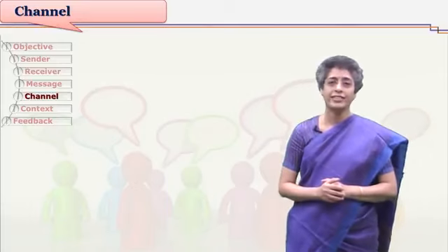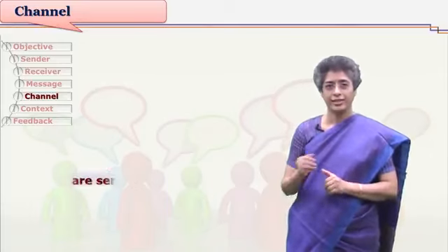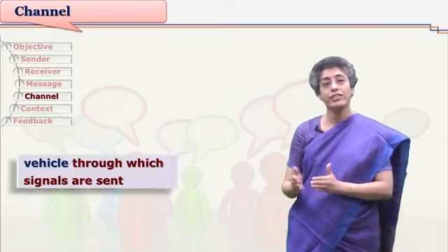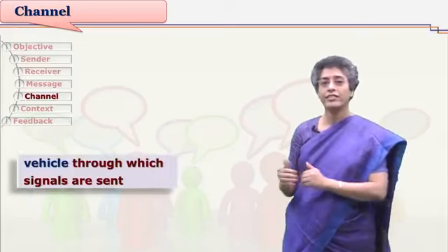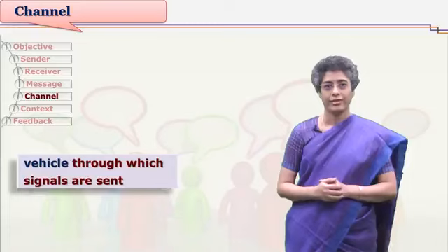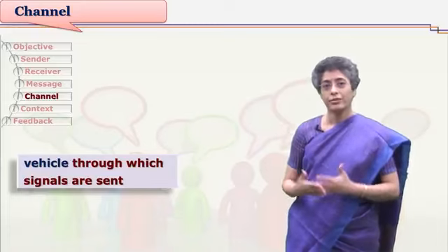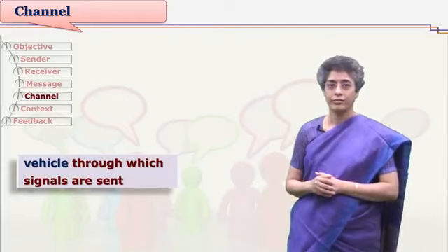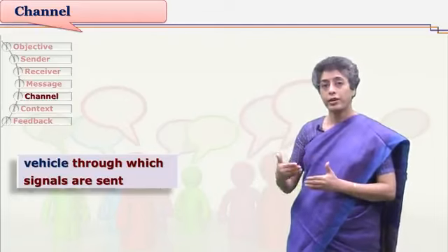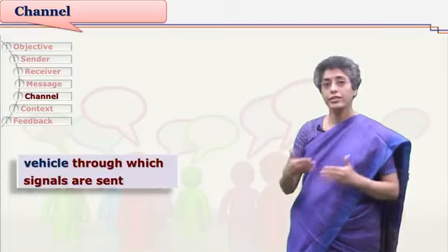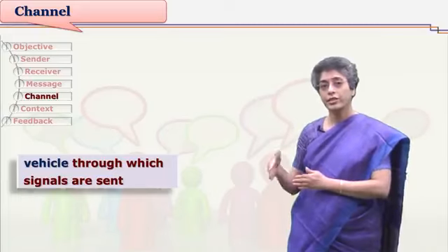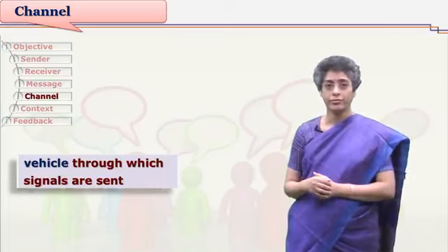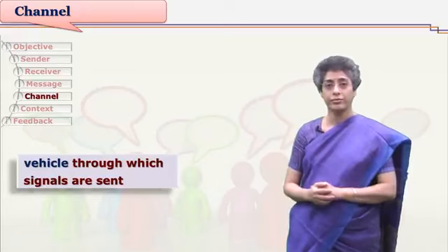What do we mean by a channel? A channel is a vehicle through which signals are sent. We see that our message is a set of signs and symbols. So, to send these signals from sender to receiver, there should be some channel, some vehicle.